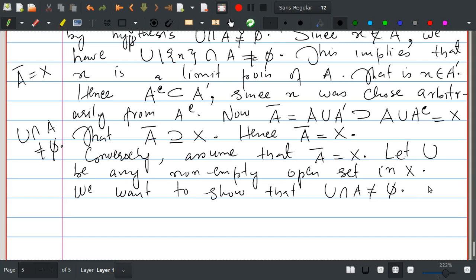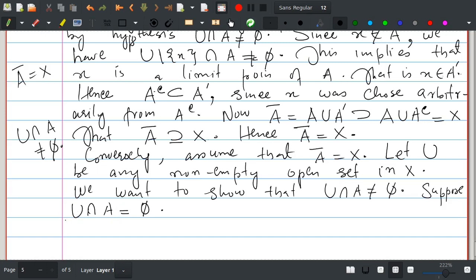Assume otherwise. Suppose U intersection A is empty. Now if this is empty, that means these two sets, U and A, share no element.